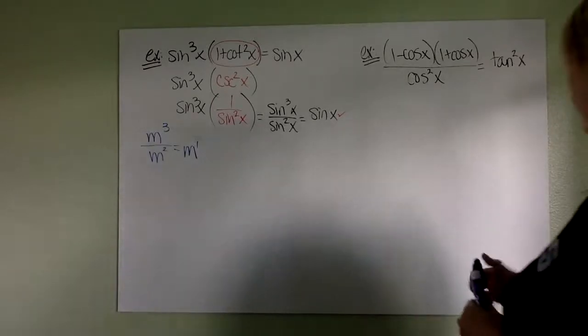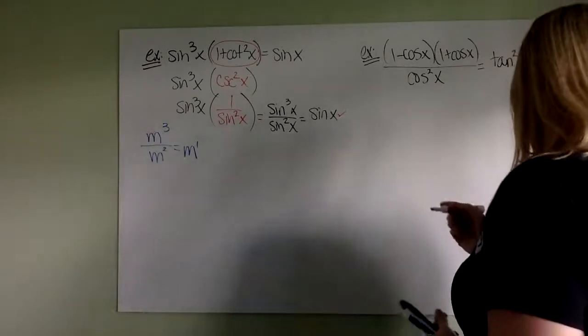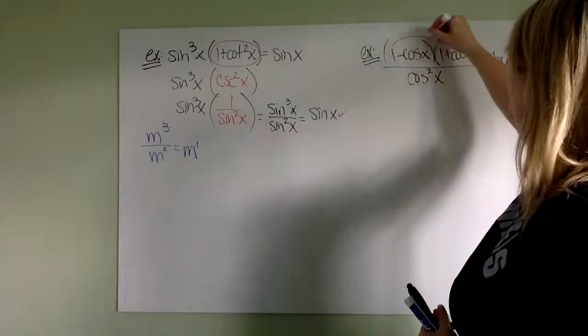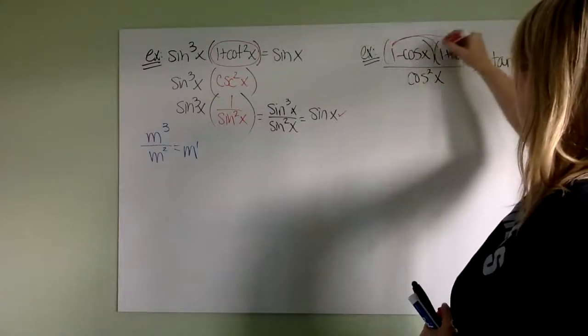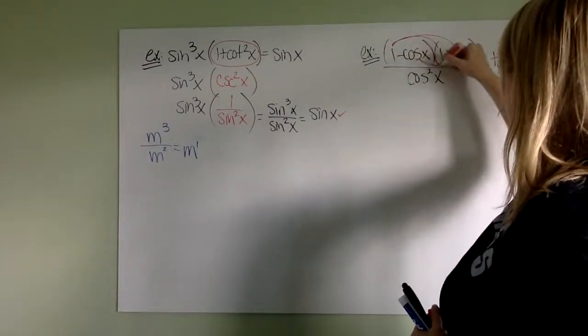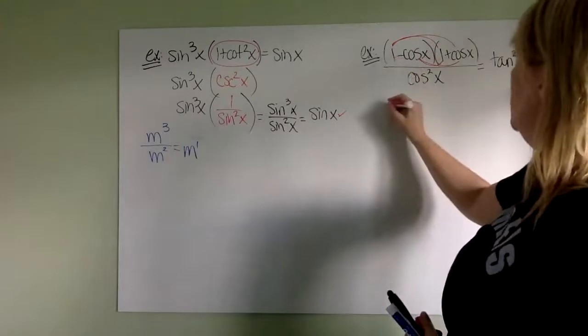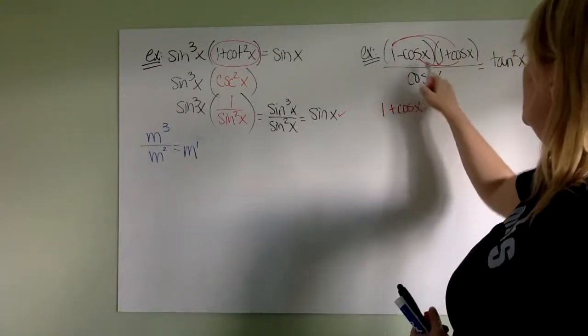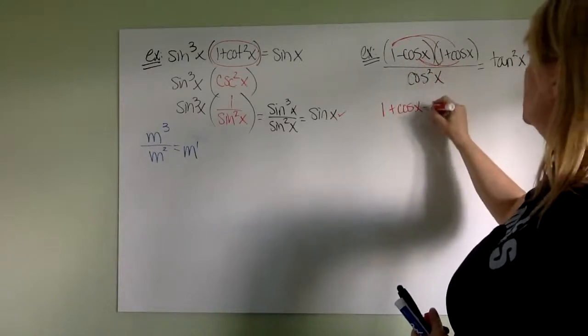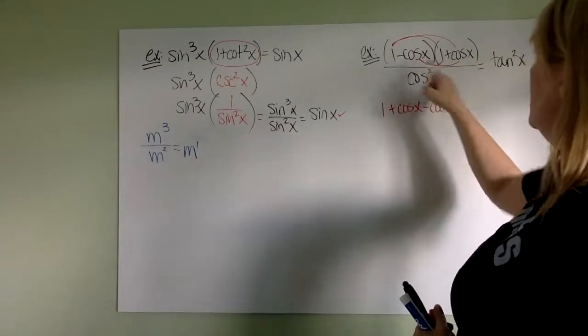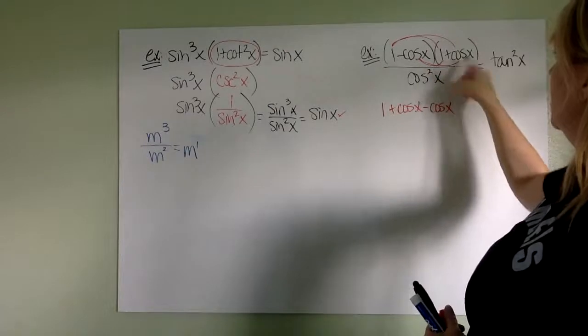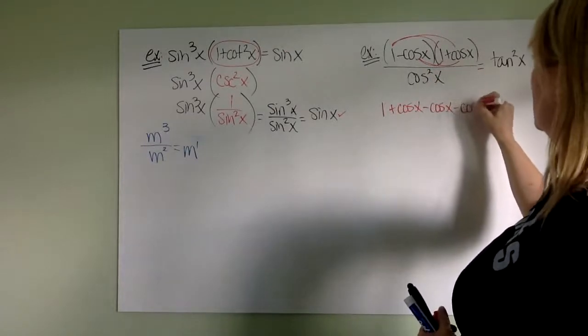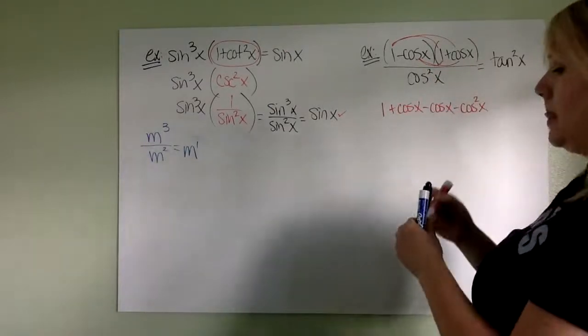So what we're going to do on the top of this function is we're going to multiply out this FOIL using our FOIL method to multiply together two binomials. So 1 times 1 is 1, and then I get plus cosine. A negative cosine times a 1 is a minus cosine, and then a negative cosine and a cosine makes a minus cosine squared.